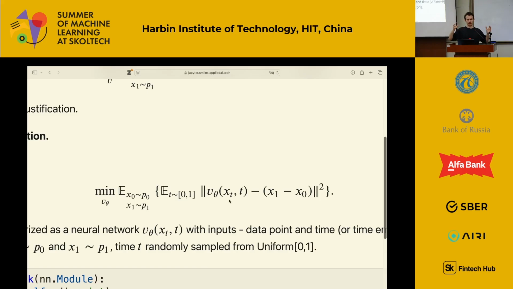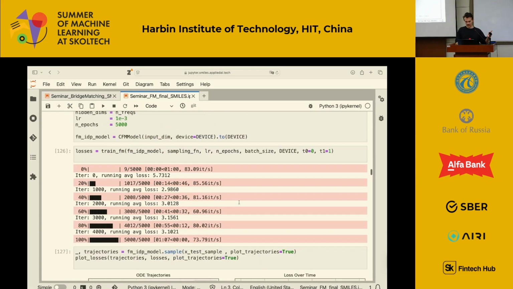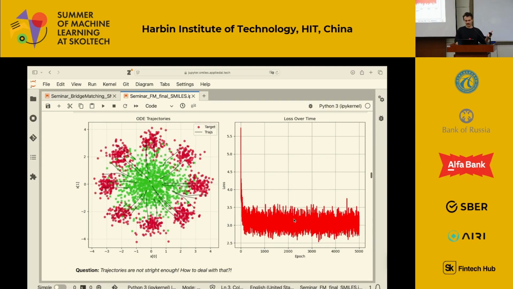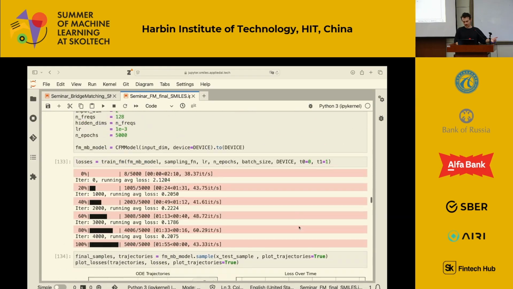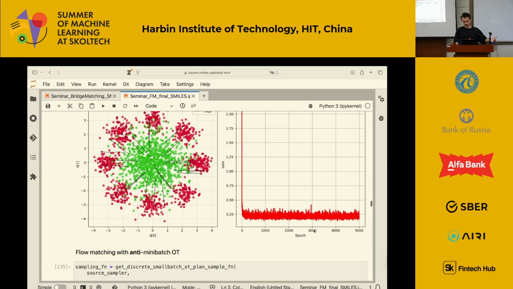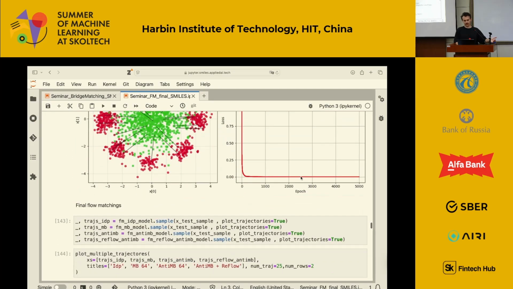Actually that would be the optimal transport plan, straight trajectories, and your loss would be minimized to 0. Basically this variance here is because you have intersecting trajectories in your data. If you do not have them, you would have something like this or this, with very low loss and without variance. So basically, intersection gives variance.